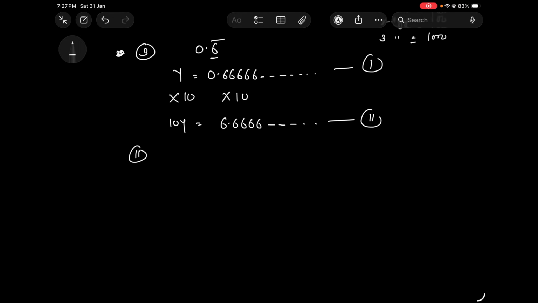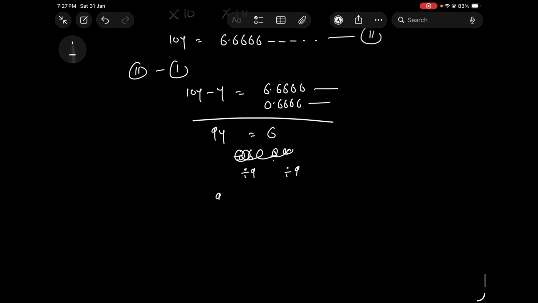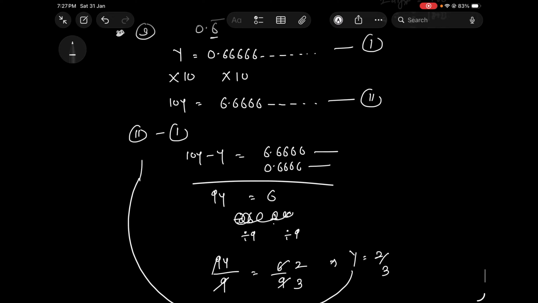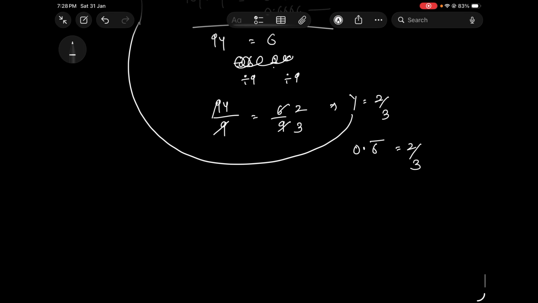This is our second equation. We subtract first from second. 10y minus y is equal to 6.6666 minus 0.6666. We have 9y is equal to 6. So we have 9y upon 9 is equal to 6 upon 9. 3 twos are 6, 3 nines are 9. So y is equal to 2 upon 3. And what is y? y is equal to 0.6 recurring. So we say that 0.6 recurring is equal to 2 upon 3.